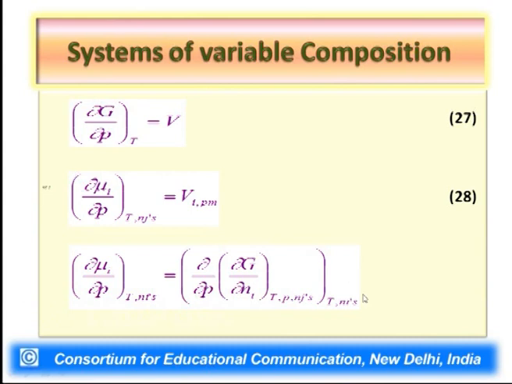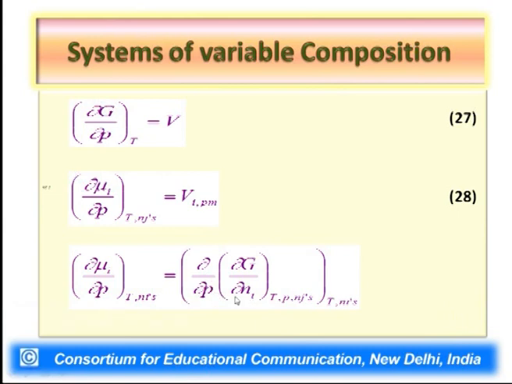This outer subscript remains the same, and instead of mu I we have just written the expression for GIPM, because we can make use of mu I in terms of GIPM, and GIPM is del G by del Ni at constant T, P and Nj's. Now, in this equation you see the order of differentiation is, we have differentiated the Gibbs free energy first with respect to the number of moles of component I and then with pressure.